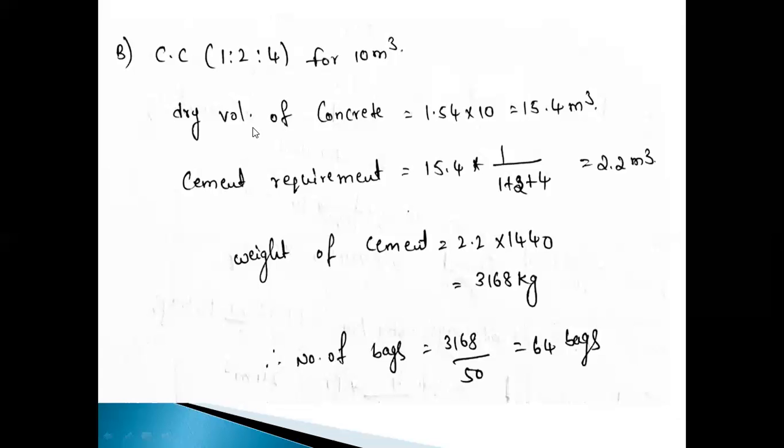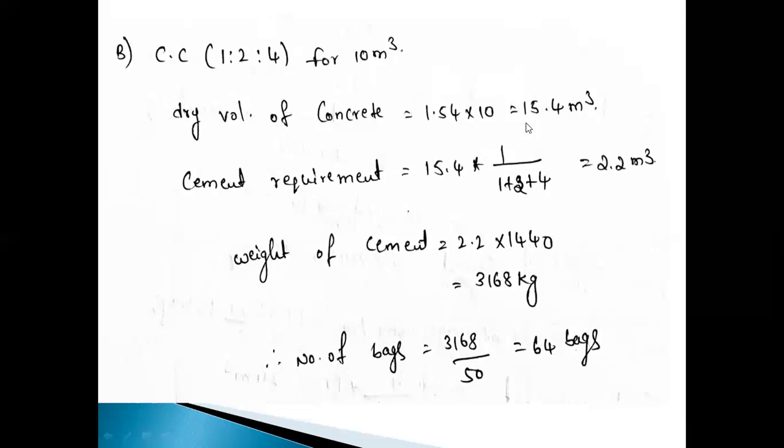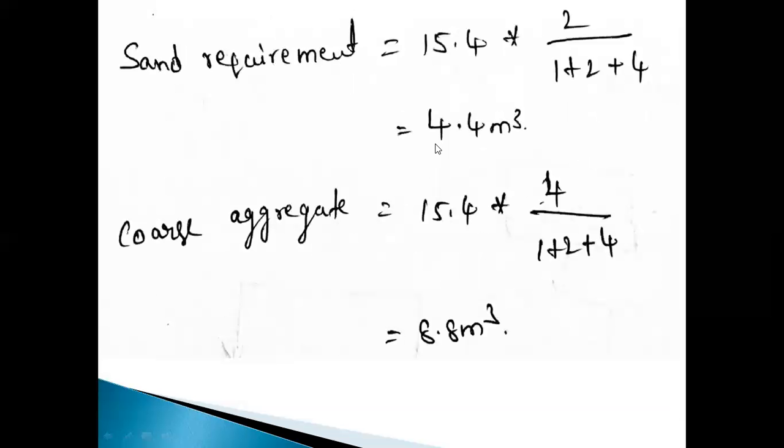Next, we calculate the sand and coarse aggregates. So, sand requirement: dry volume of the concrete into sand ratio divided by sum of the ratio. Dry volume is 15.4, and sand is 2 divided by 1 plus 2 plus 4, the sum of ratios.